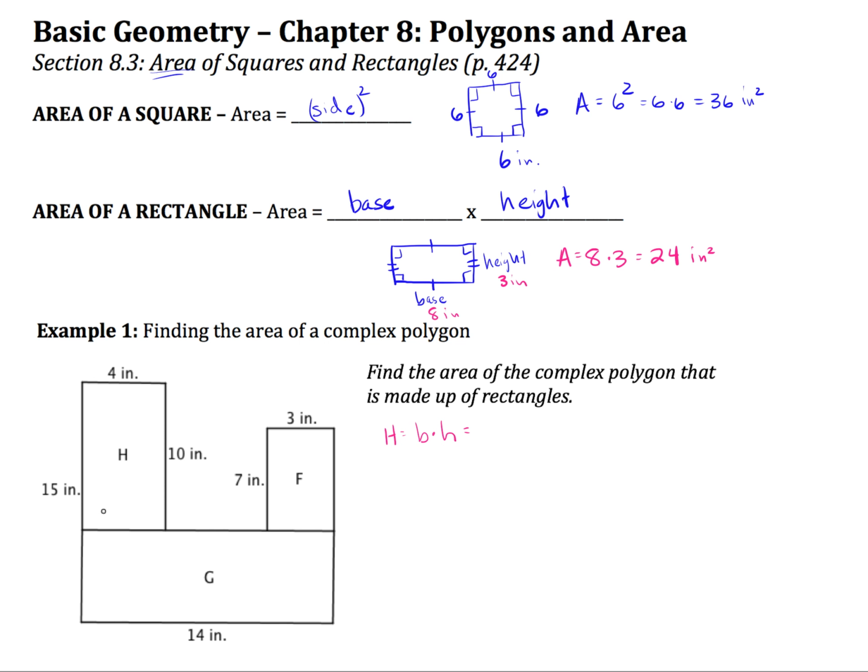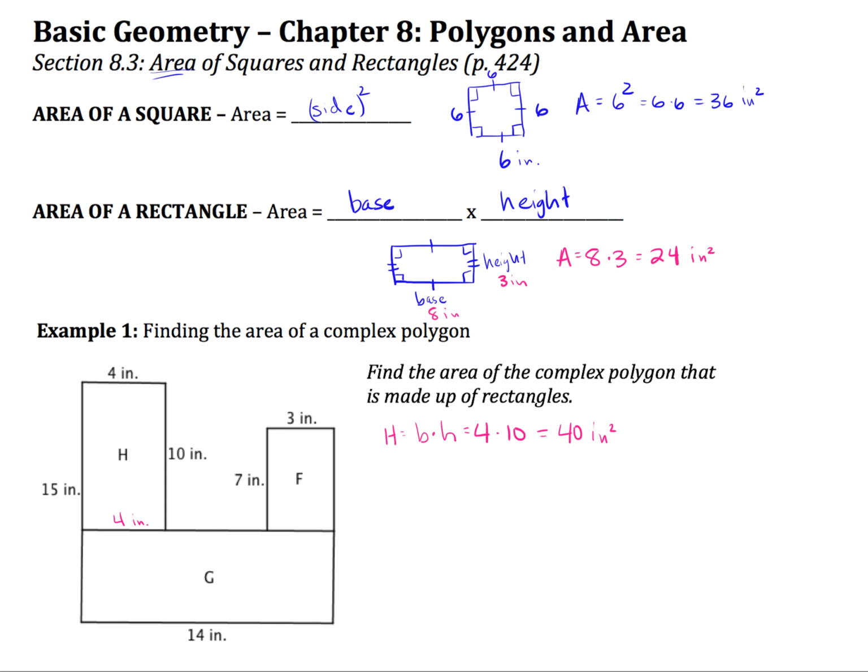So if this is 4 up here, we could slide that 4 down here, and that side would also be 4 inches, if you like that better. So my base is going to be 4, and my height is going to be 10. Base times height would be 4 times 10, which is 40 square inches.